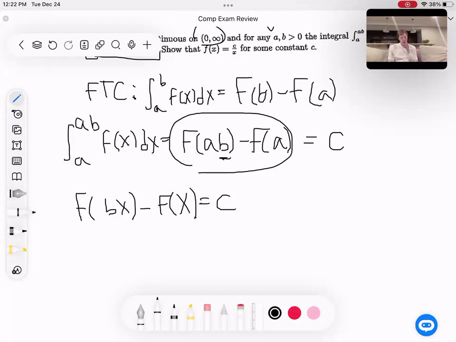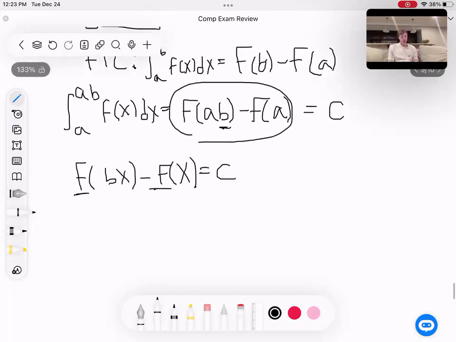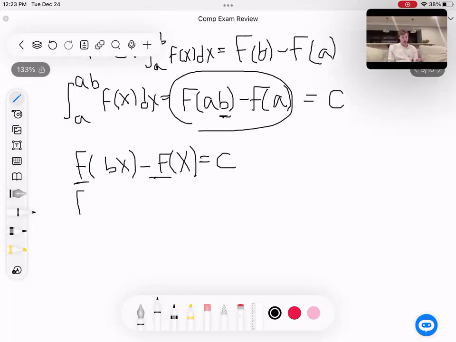And here is the tricky part. Because we have some capital antiderivative function, and we only care about the lowercase function, the original function, we actually want to take the derivative of both sides, and that will preserve the equality.